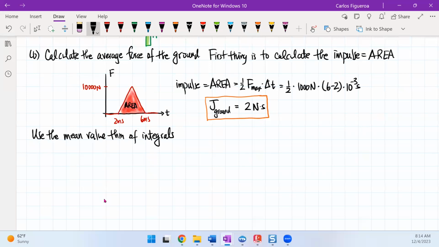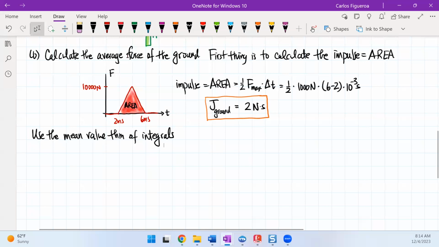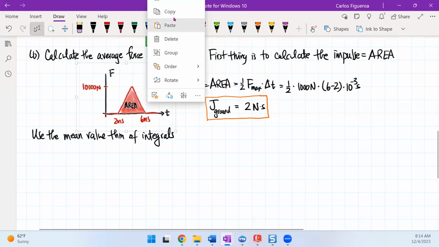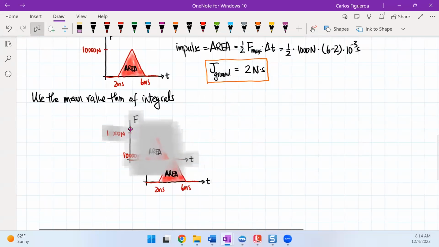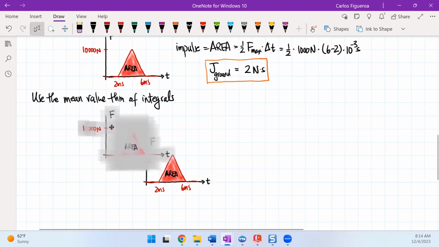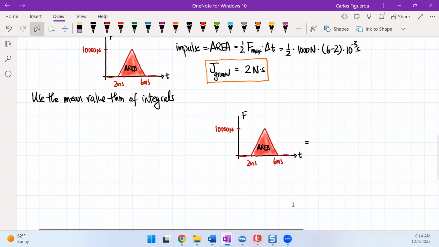And we don't have to use calculus. What we've got to do is look at the pictures. If I start with this picture right here, all we have to do is get the same areas. So the way we get the same area is, let me move this over here. The mean value theorem says I just need the same areas.